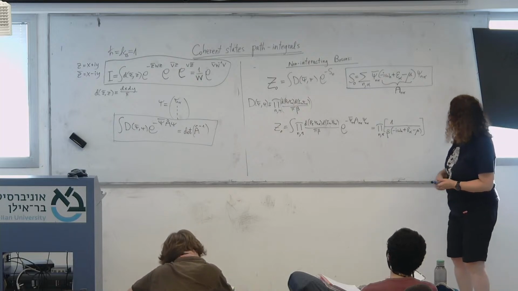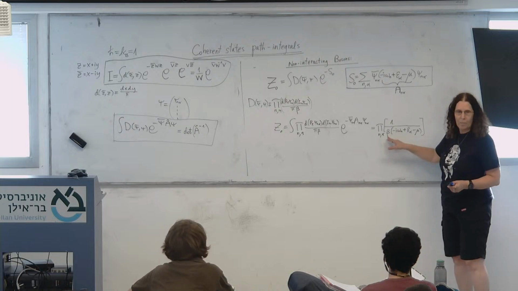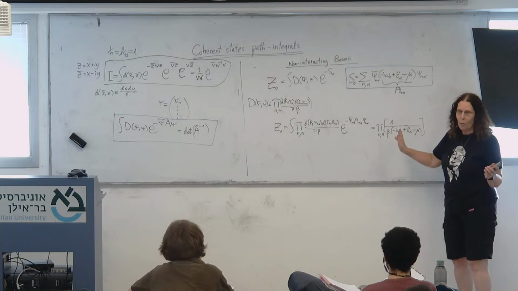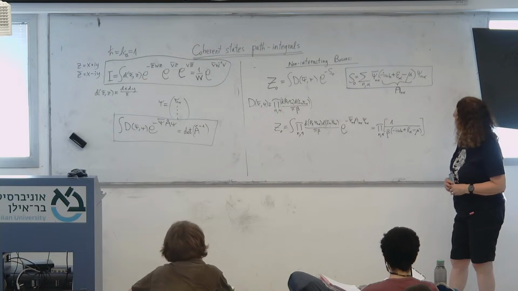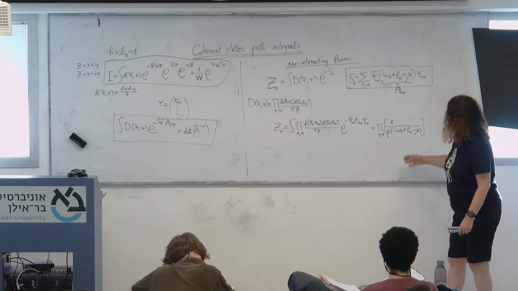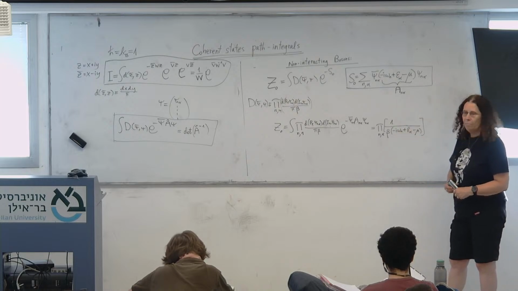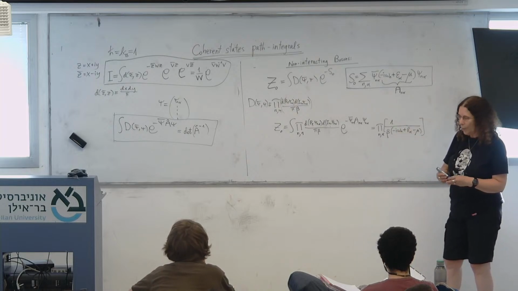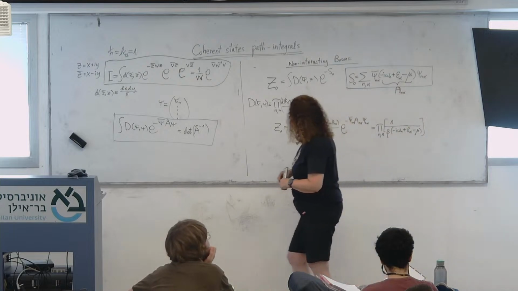Okay, so this is the partition function of a free gas. I don't know if you remember or saw it before in the courses. But from this we can calculate all sorts of thermodynamic quantities.